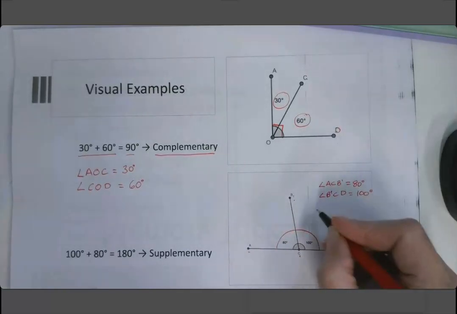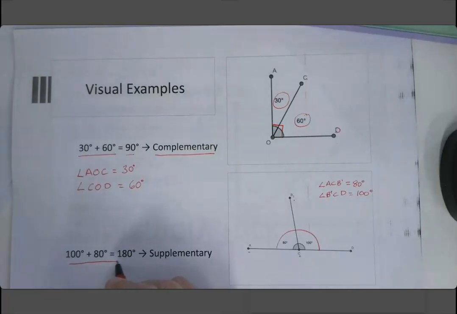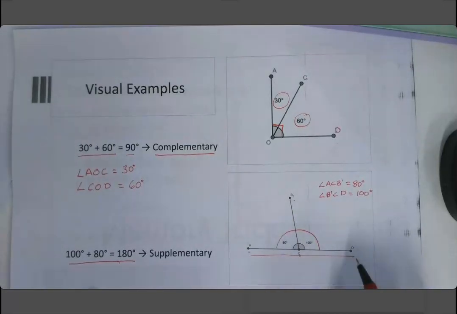Altogether, 100 plus 80 gives me 180, which is a straight line. These two angles are supplementary.